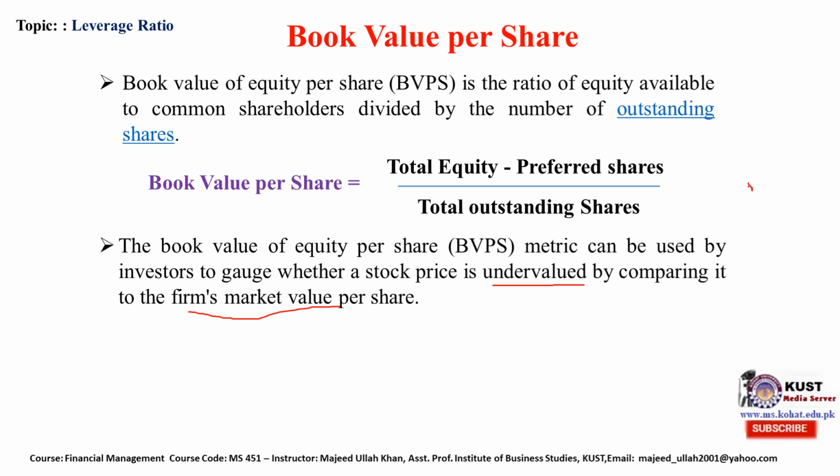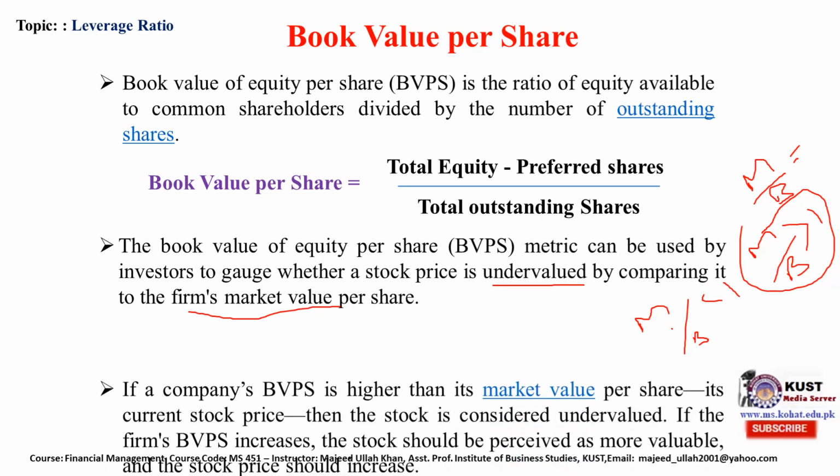If the firm's market value and book value are the same, you will say that it is neither undervalued nor overvalued. If the market price is higher than the book value, meaning the ratio is greater than 1, it means the company's shares are overvalued. If market to book value is less than 1, it means that it is undervalued.